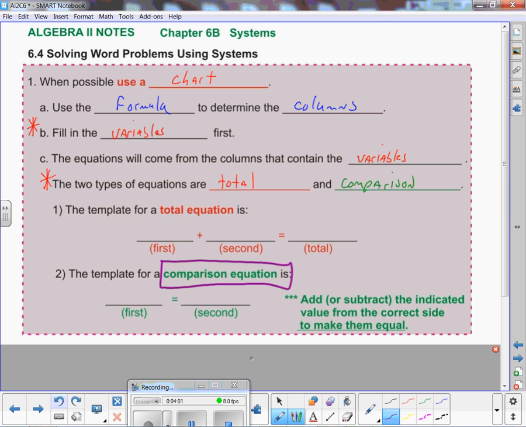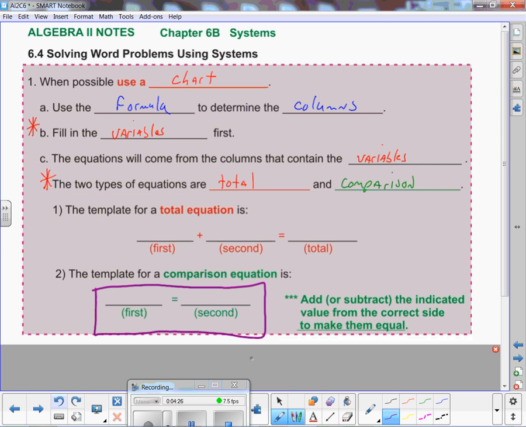Bob is 8 years older than Jill. Okay, that's a comparison, right? One car was moving 30 miles per hour faster than the other car. That's a comparison. All right, and with a comparison equation, the template is always set the two equal to each other.